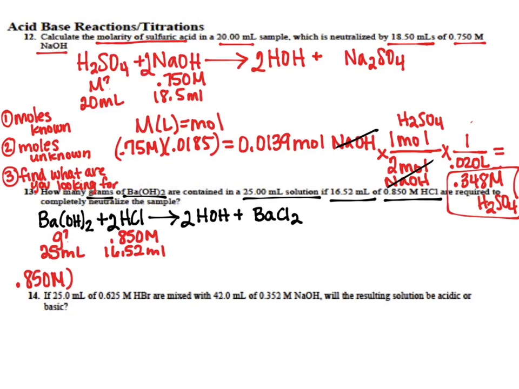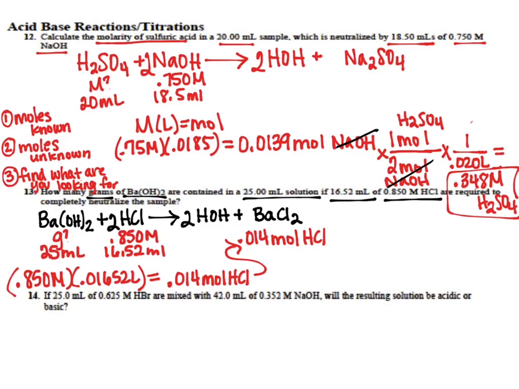So 0.85 times 0.01652 liters, which is 0.014 moles of HCl. I'm going to move this up here so I have more room.